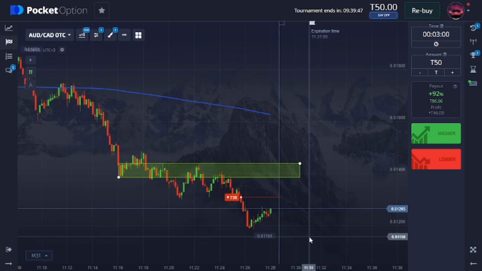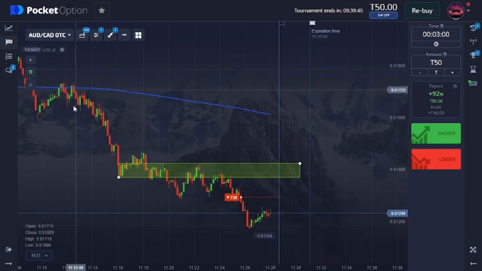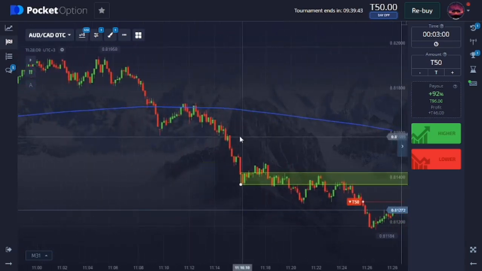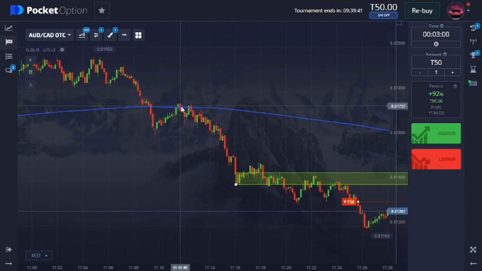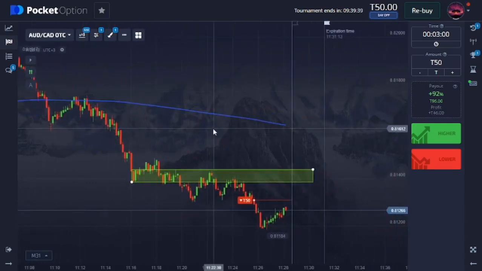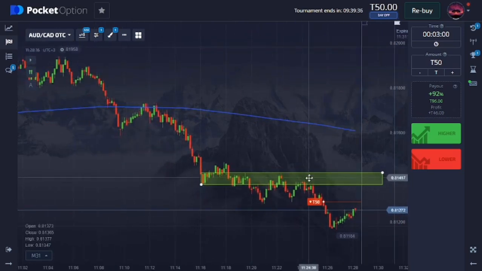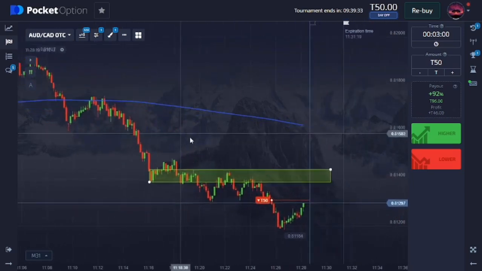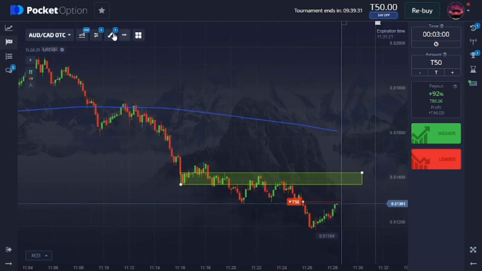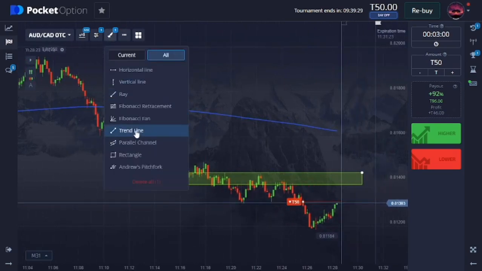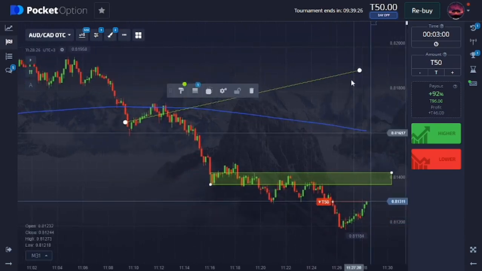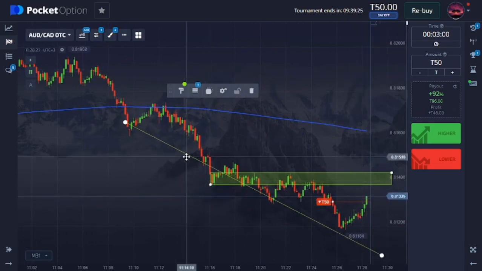And I am using the retail concept as break and retest, and trend lines. Using trend lines, you can use a trend line in here to show that this is a bearish trend.